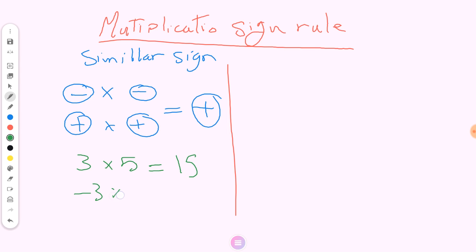Negative 3 multiply negative 5 equals negative, negative, positive, because similar sign is always positive. So it will be positive 15. Take care that we can apply the same rules for division. So this rule is for division and multiplication. Okay? What about if we have different signs?